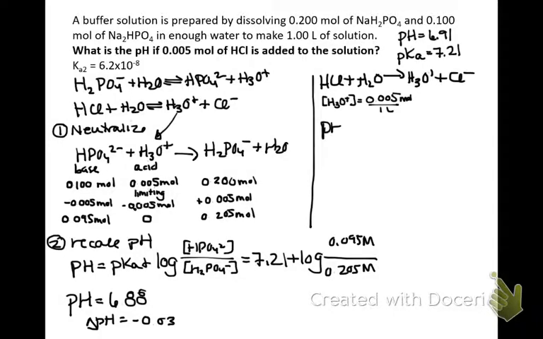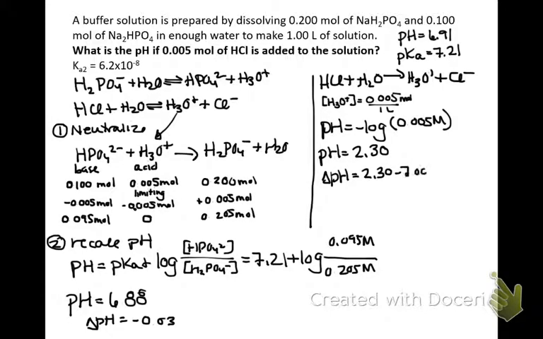If we calculated the pH of that solution, we'd get negative log of the H3O plus concentration, so 0.005 molar, and we'd see that the pH equals 2.30. So the delta pH in this case, if we add 0.005 moles of HCl to neutral water, which started at pH 7, is a change of negative 4.7 pH units.